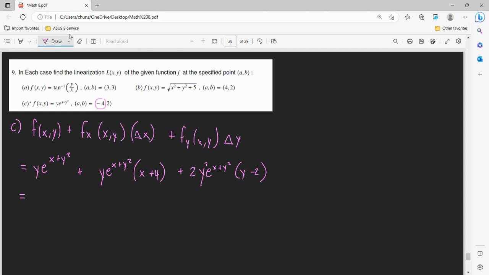Okay, so if we plug in for our variables here, y becomes 2 times e to the power of negative 4 plus 2 squared, plus 2. Do the same thing, so that's negative 4 plus 2 squared, times x plus 4. And this is plus 2 squared e to the power of negative 4 plus 2 squared, times y minus 2.